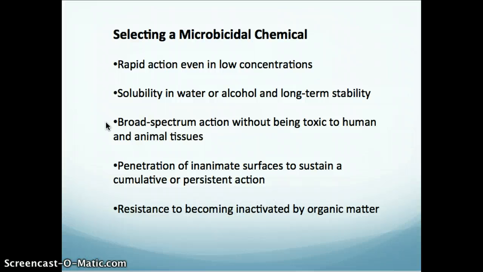And when we say broad spectrum, we mean that they are effective against a wide range of microbes. It's also great if they can penetrate inanimate surfaces, and that way they can stay and keep bacteria or other microbes away. And then also we want ones that do not become inactive when they come in contact with organic matter.